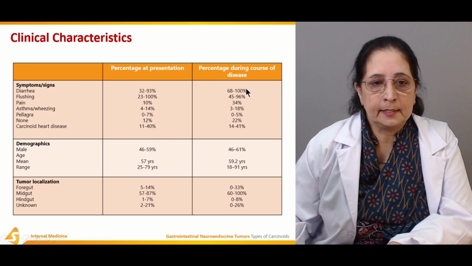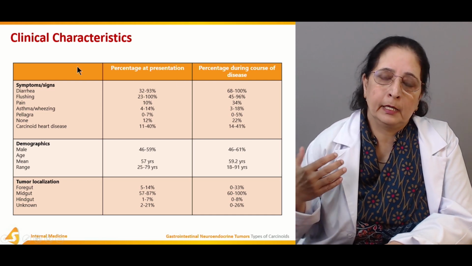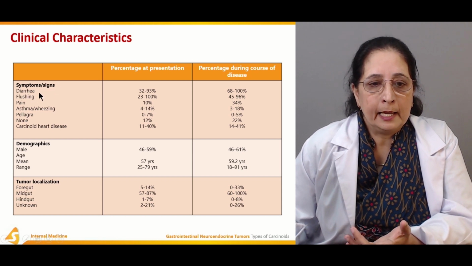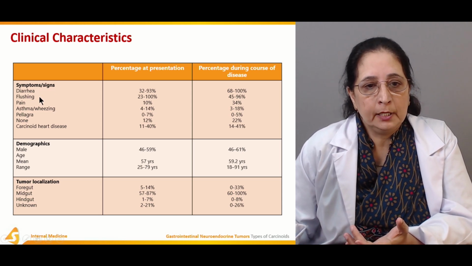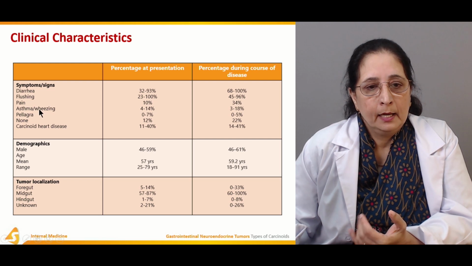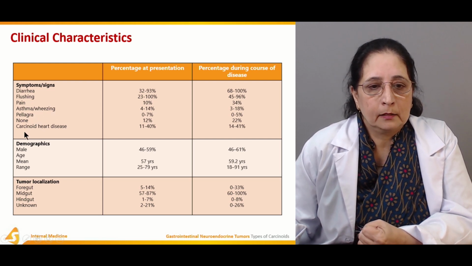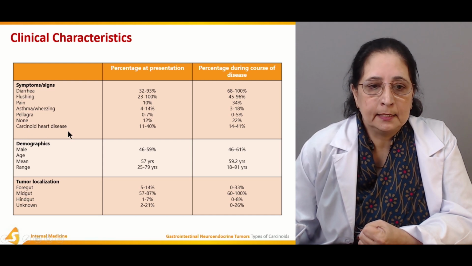Clinical characteristics of carcinoid of the small intestine: we have diarrhea, flushing, pain, asthma, wheezing, pellagra, carcinoid heart disease.